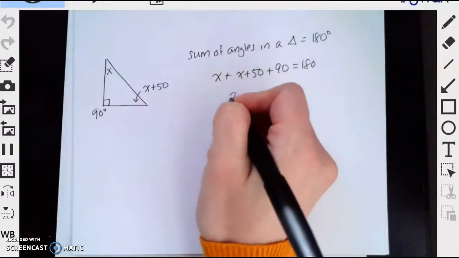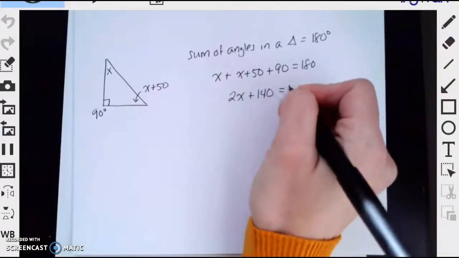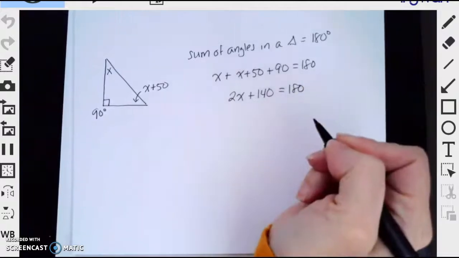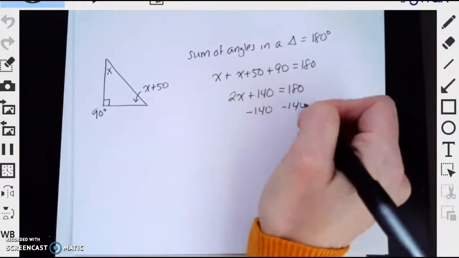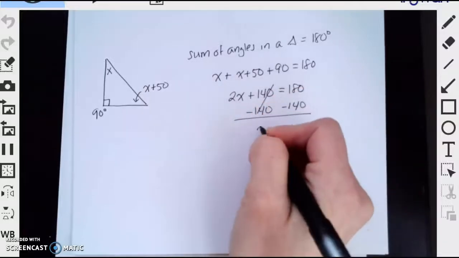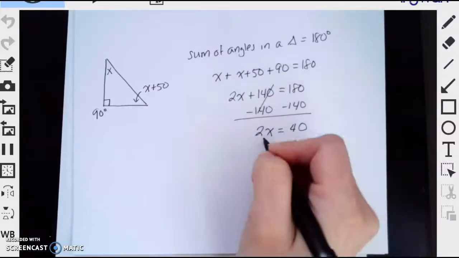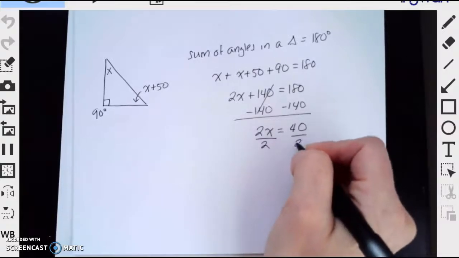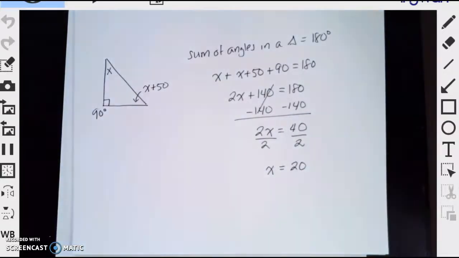Combining like terms, 2x plus 140 equals 180. Subtract 140 from both sides to isolate the term with the variable x. 2x equals 40. Divide both sides by the coefficient 2 to get x is equal to 20. Now this problem asks us to find the measures of all angles of the triangle.